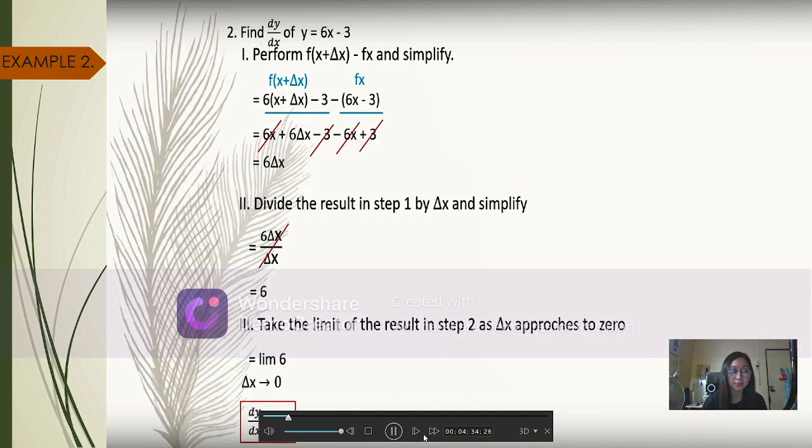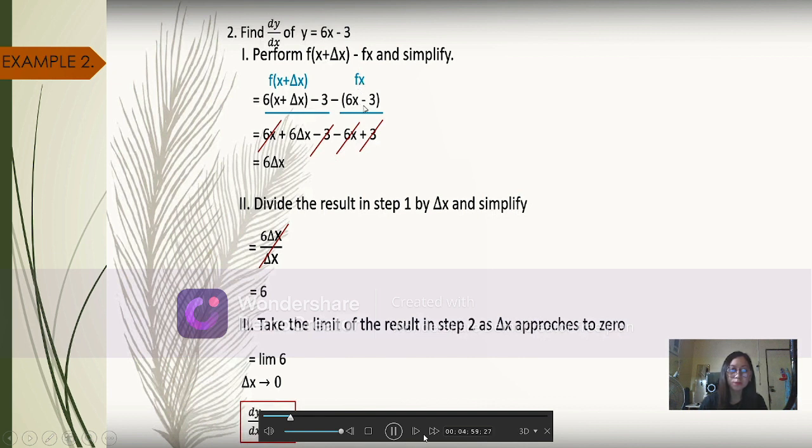So, yung x ulit, gagawin ulit natin siya ng x plus delta x. So, apply natin siya dito. Lagyan ulit natin ng parenthesis. So, ayan, 6 times x plus delta x, negative 3. So, 6x minus 3. Itong 6x minus 3 na to, f of x natin siya.